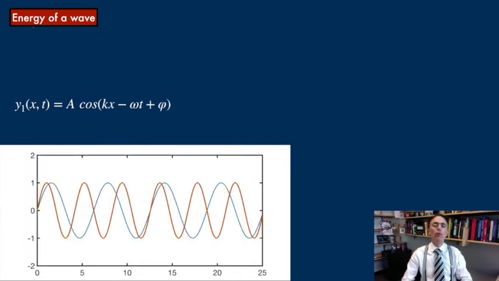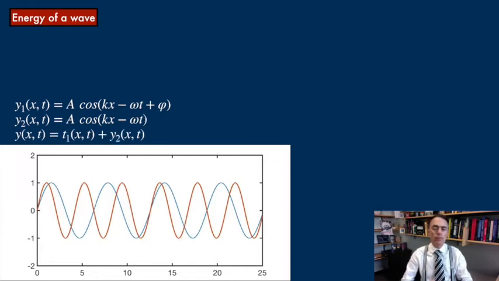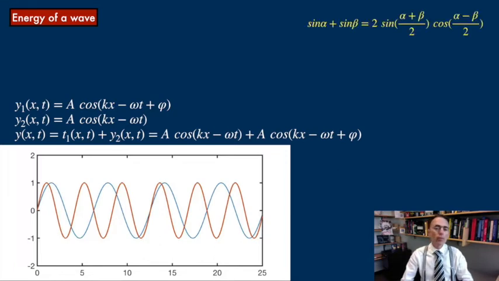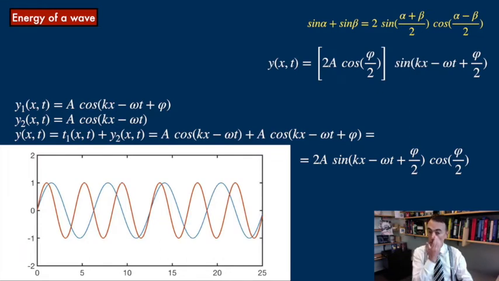For example, if we add two waves of the same amplitude and frequency but different phase, using this trigonometric identity, which can be rearranged as so.